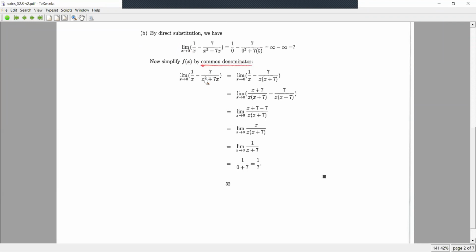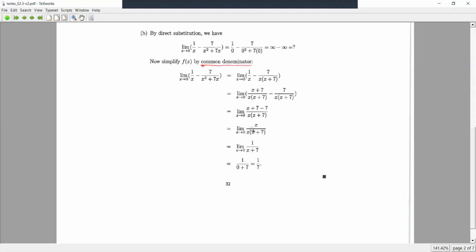I factor this denominator into x times (x + 7). Now, to make the two denominators the same, in the first term, I multiply 1 by (x + 7), and multiply x by (x + 7). Now, the two denominators are equal, so I can combine these two terms to get this equation.